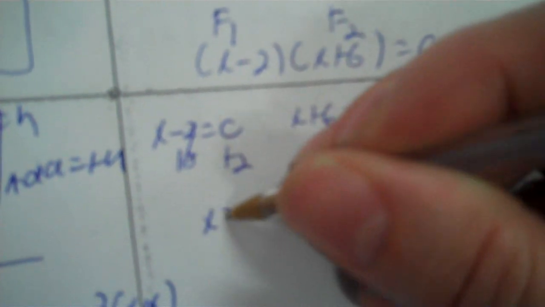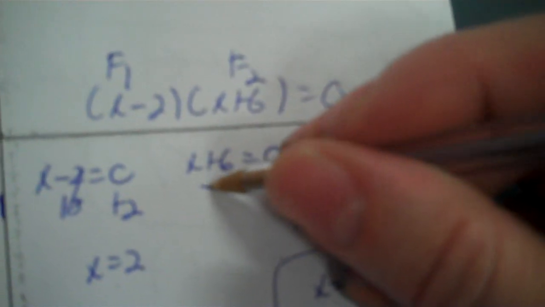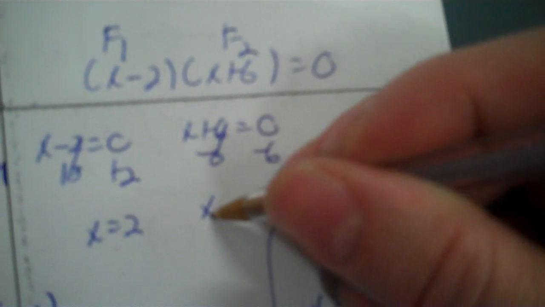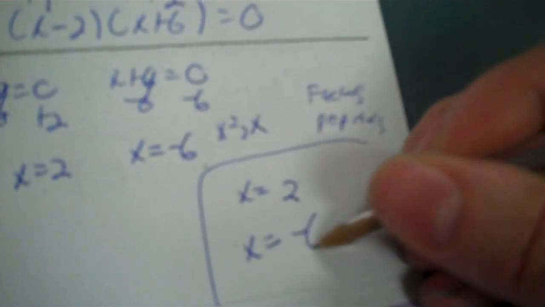You can't do anything with those, okay? Take the 1's off the front, and you've got x minus 2, x plus 6 equals 0. F1, F2. So x minus 2 could equal 0, or x plus 6 could equal 0. So you're going to add 2 to each side to get 2. Subtract 6 from each side to get negative 6.